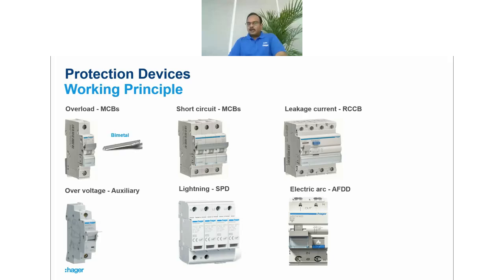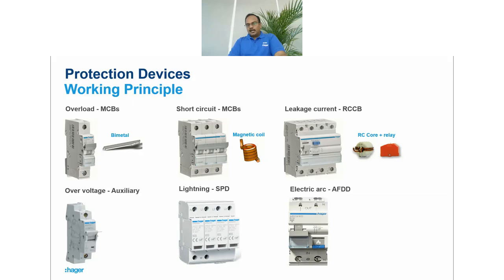For overload, it works on a bimetallic strip. So thermal magnetic, the thermal part will work on this bimetal. Short circuit, we have the electromagnetic induction, the magnetic coil, which is the principle used for the working of this device. For the leakage current, there is a core and a relay inside, which does its job.